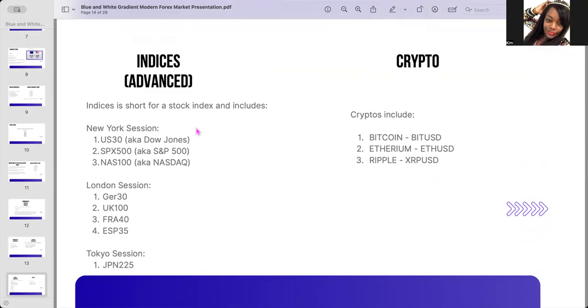So indices is short for the stock index, includes things such as US 30, which is the Dow Jones, SPX 500, which is also known as the S&P 500, the NASDAQ or NAS 100, which is also known as the NASDAQ. So really quick, I am going to pull up a new window.